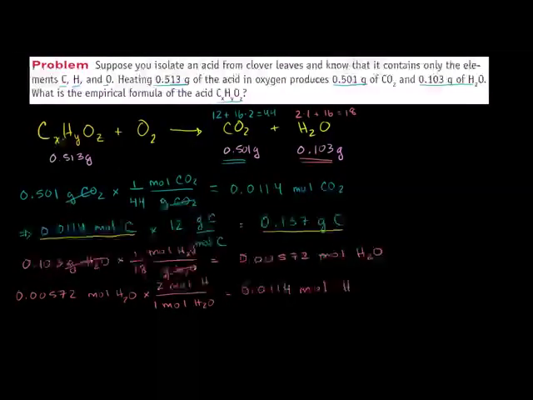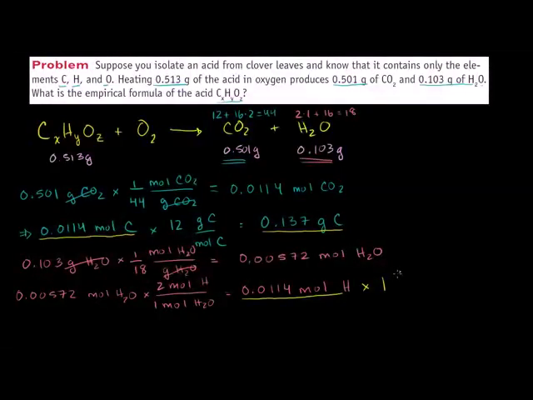So far we've figured out the number of moles of carbon in our product, its mass that must have been in the original mystery reactant, and we've done the moles for the hydrogen. We have this many moles of hydrogen, so we must have started off with that many moles over here. Let's figure out the mass of that. We want to figure this out in grams. So times the molar mass of hydrogen, which is 1 gram per mole. Hydrogen is easy.